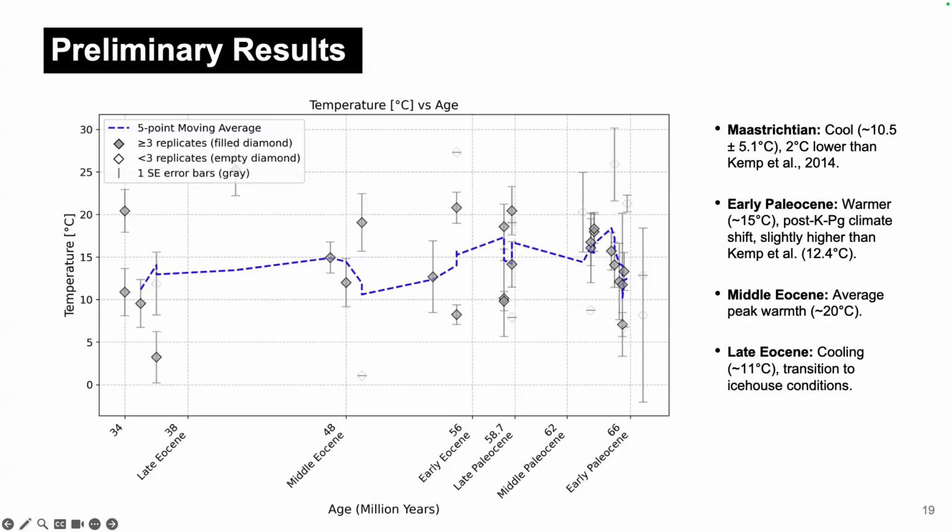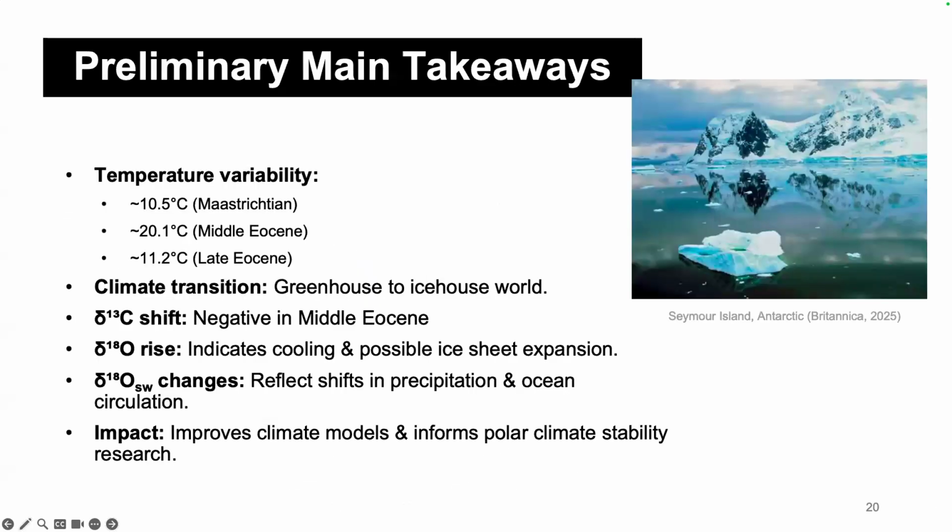The biggest warming occurred during the middle Eocene, about 20 degrees Celsius, coinciding with major carbon cycle disruptions. By the late Eocene, temperatures had begun to decline, dropping to an average of approximately 11 degrees Celsius, marking the transition to icehouse conditions and the onset of early Antarctic glaciation.